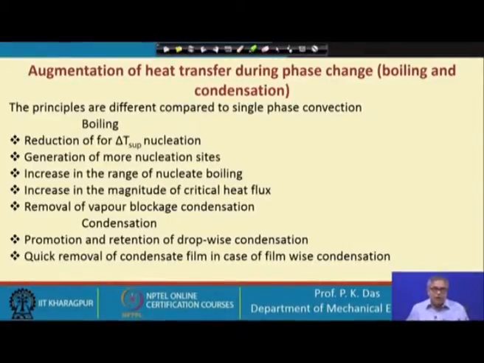In condensation, if we can have dropwise condensation, that is good, and quick removal of the condensate film if we are having filmwise condensation. So, these are the methods of augmentation in boiling and condensation. Probably we will revisit and see closely some of them when we learn about phase change heat exchangers.